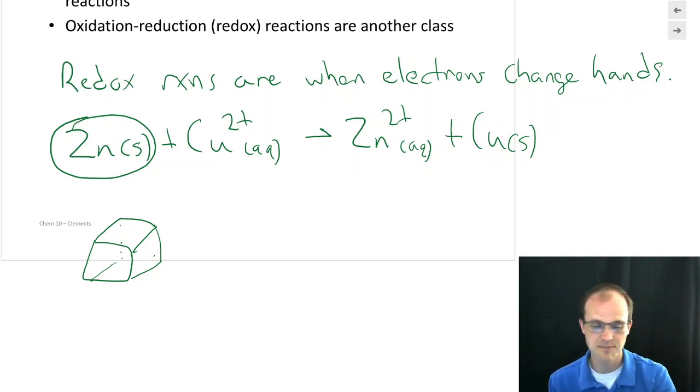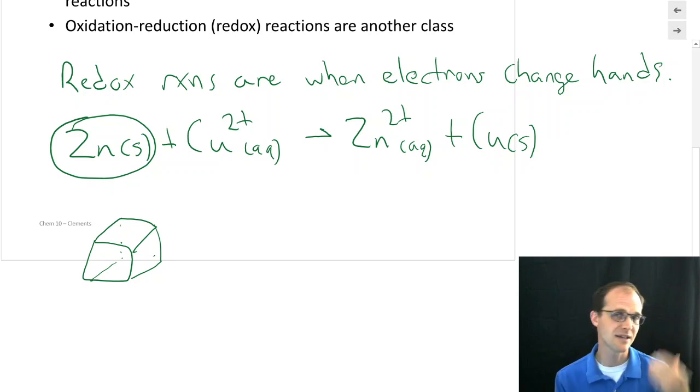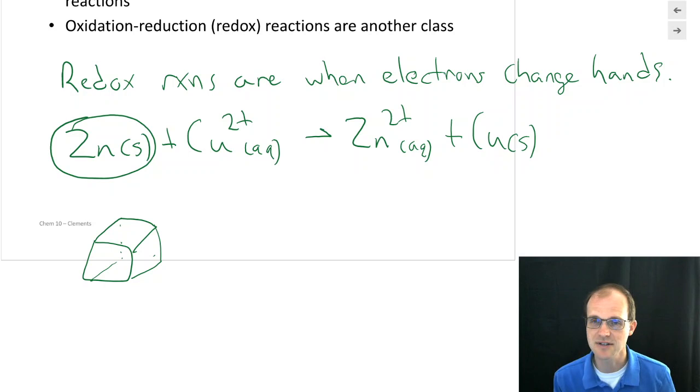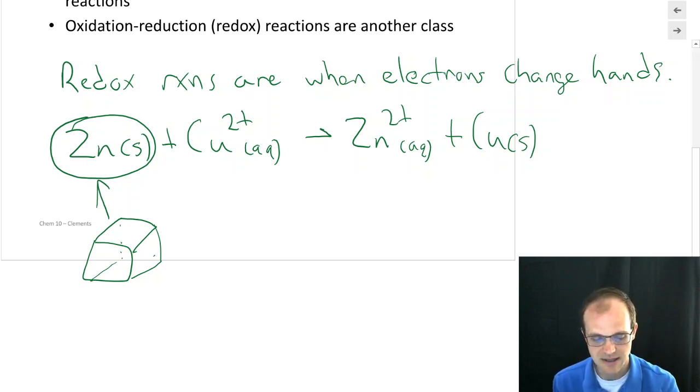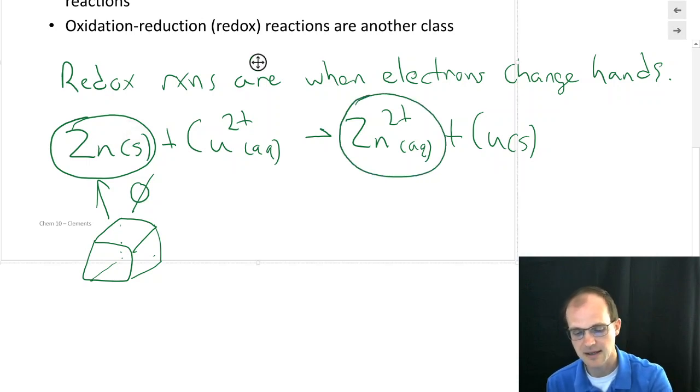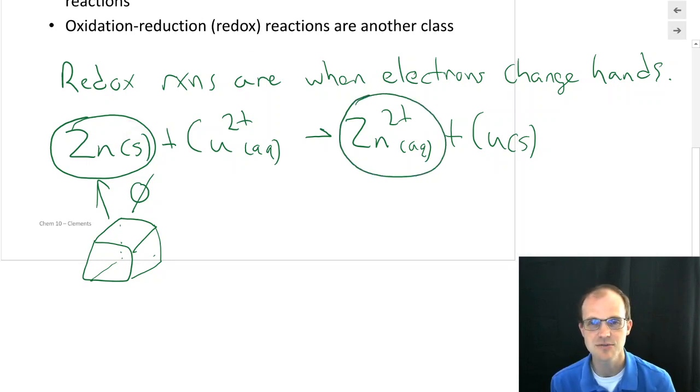Well, did I give anything for the zinc to give electrons to? No. Or you take electrons. Where is it going to get those electrons from? So it turns out elements all by themselves in what we call their standard states have no charge. And so this zinc has a charge of 0. What about at the end, after the reaction? It says Zn2 plus there.